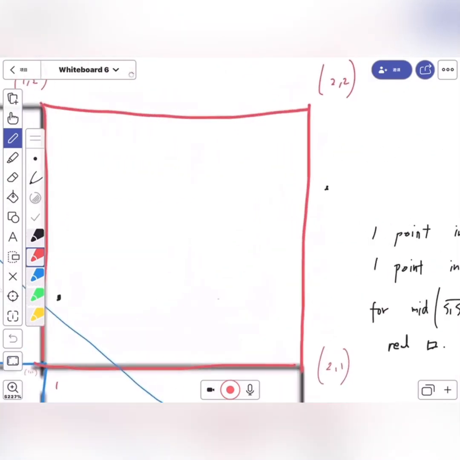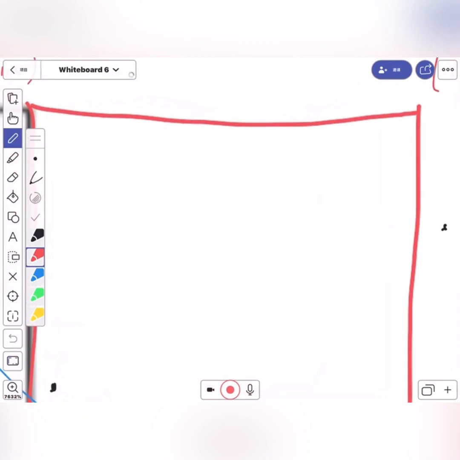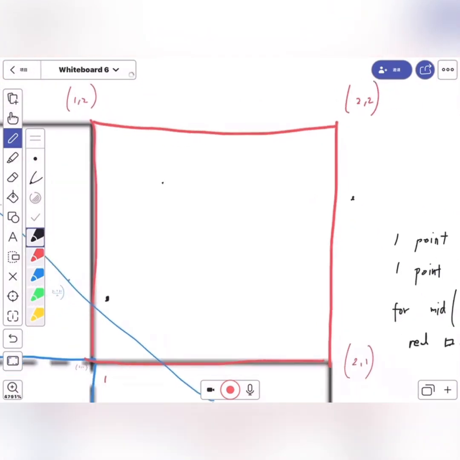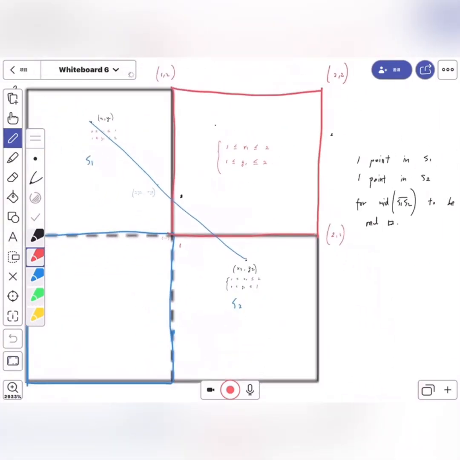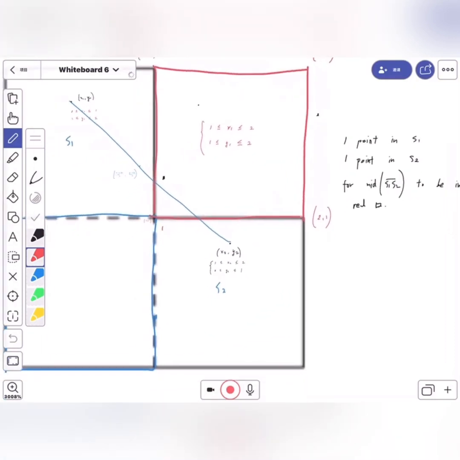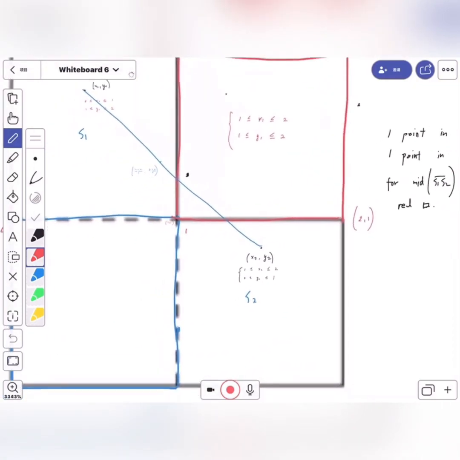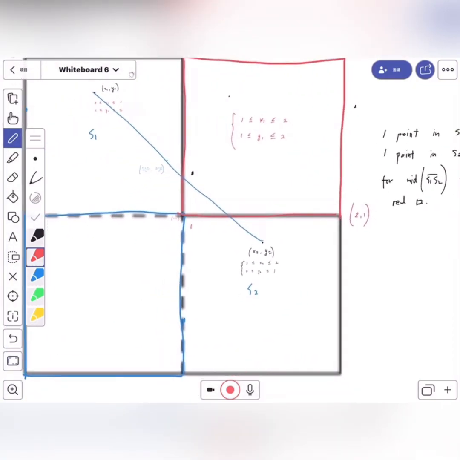So this basically means that any point within this red square is going to satisfy the system that 1 ≤ x ≤ 2 and 1 ≤ y ≤ 2. But yeah, so we can just say that their midpoint is going to be greater than 1 for both.